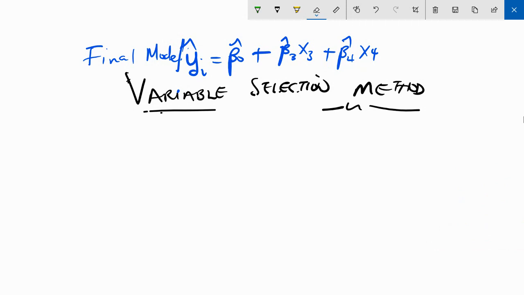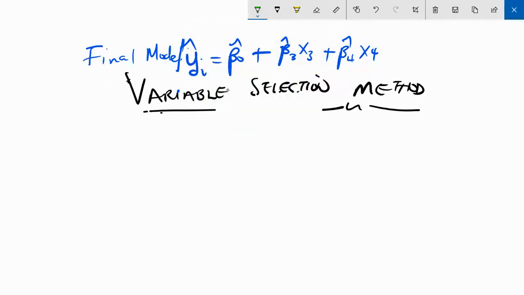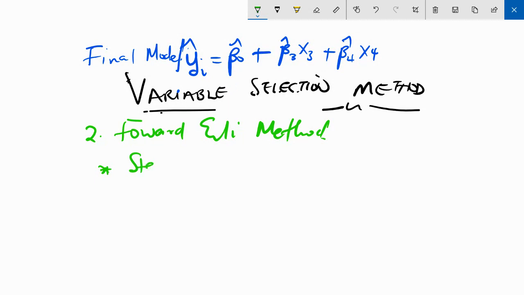Method number 2, forward elimination method. Point number 1, start with a null model. This one starts with no independent variable in the model.